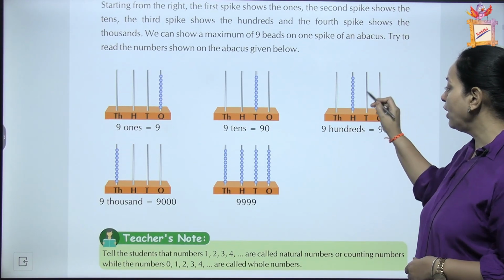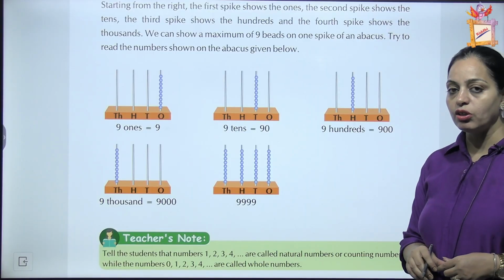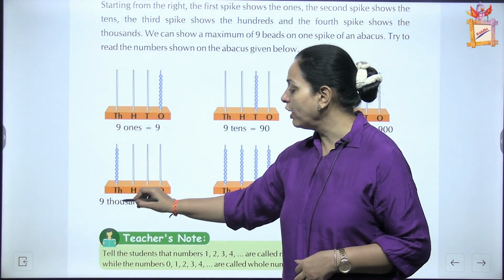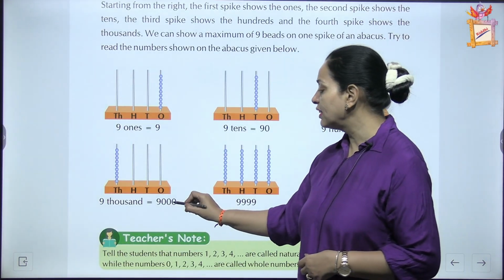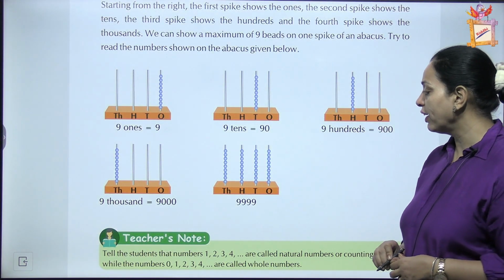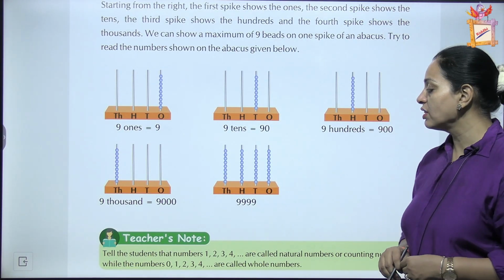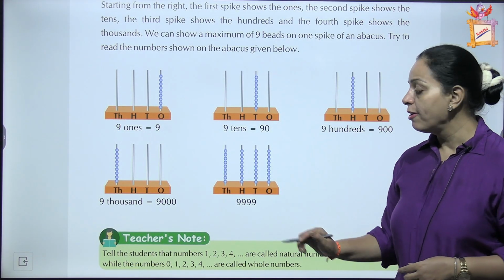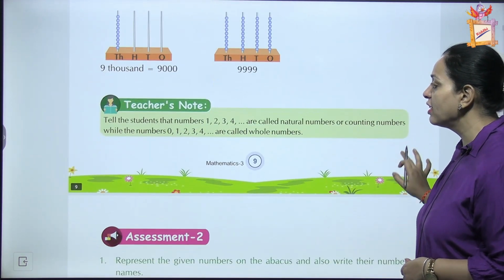And in the hundreds spike we have 9 beads, 900. Now in the thousands spike we have 9 beads, so 9000. When we combine all, what do we get? 9999, the largest 4-digit number. I hope this is clear to you.